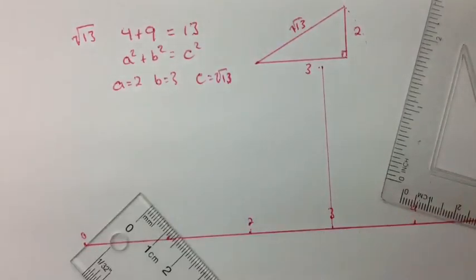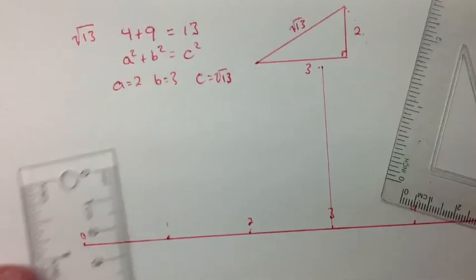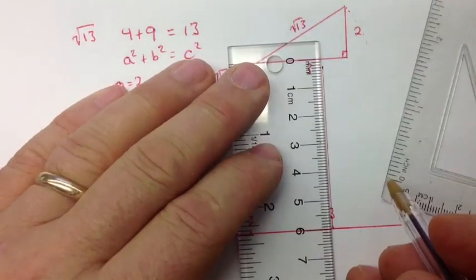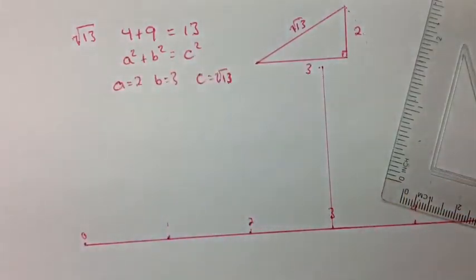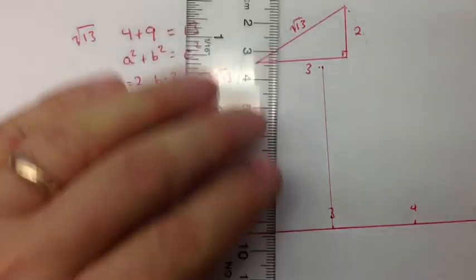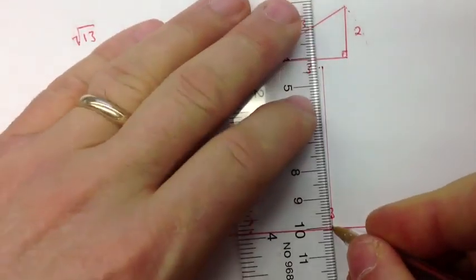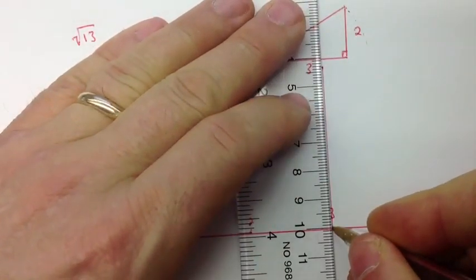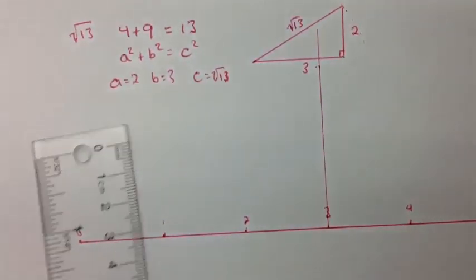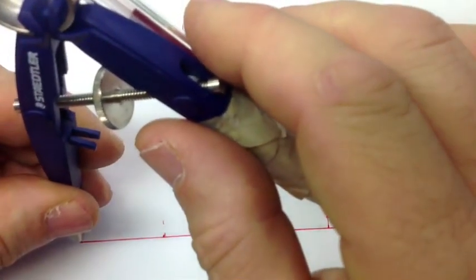Okay, now I could use my ruler. Now each one was exactly 3 centimeters, so it's going to be 6 centimeters. Oh, and I didn't go high enough. Look at that. Okay. Then I'm going to make it the same length as my 2 down here.